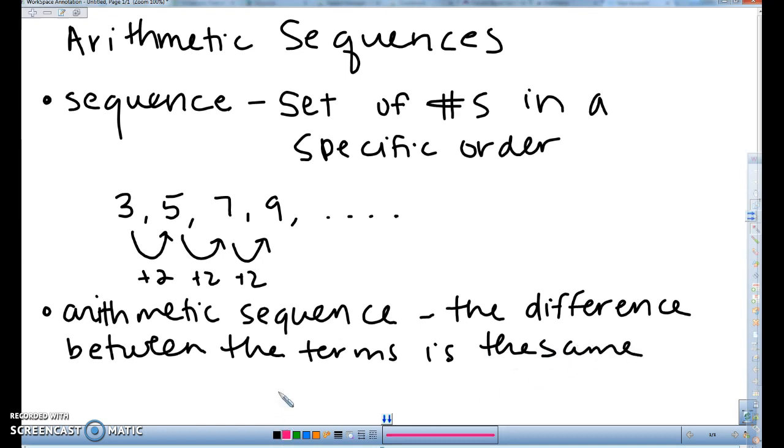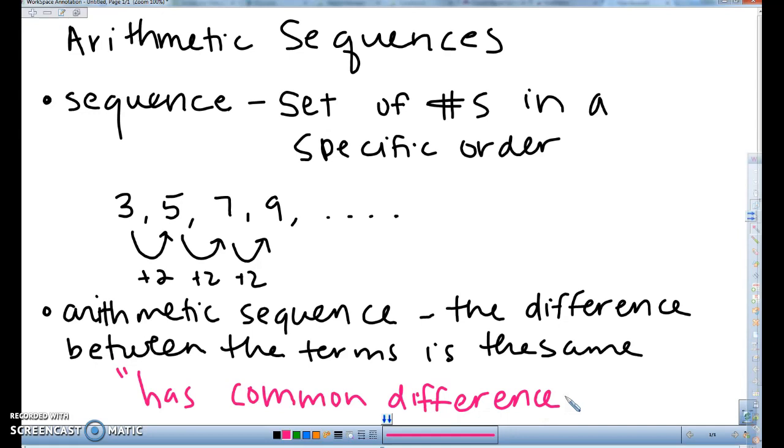And sometimes we call this having a common difference. So each time the difference between 3 and 5 is 2, the difference between 5 and 7 is 2, the difference between 7 and 9 is plus 2. It's the same thing. The next number in my sequence would then be 11. Good.